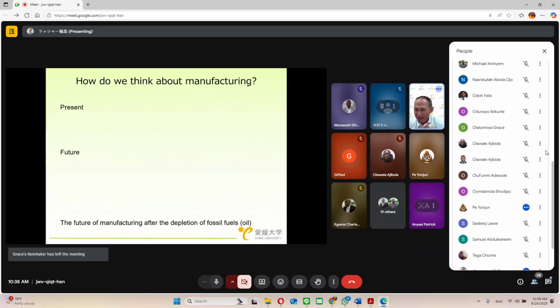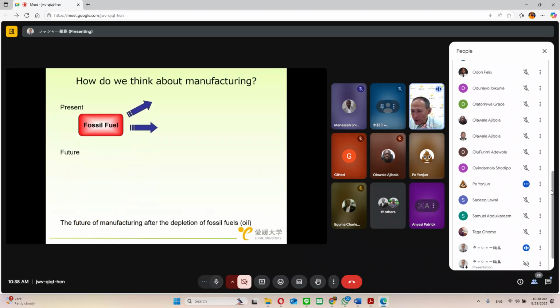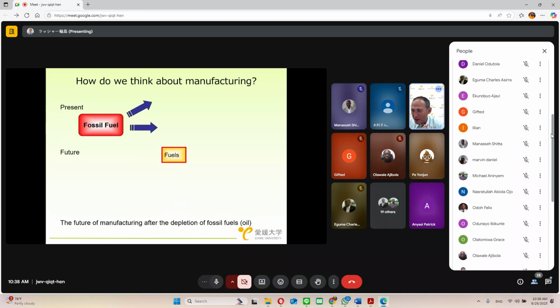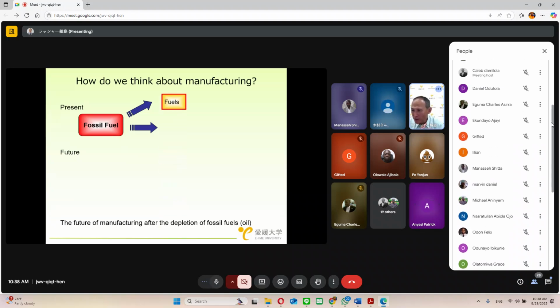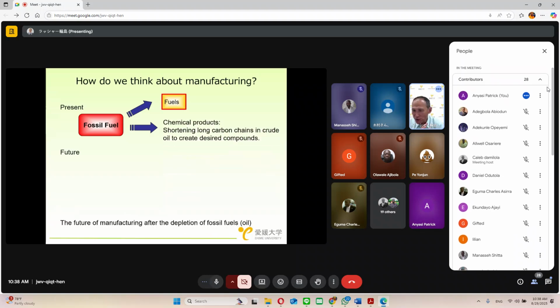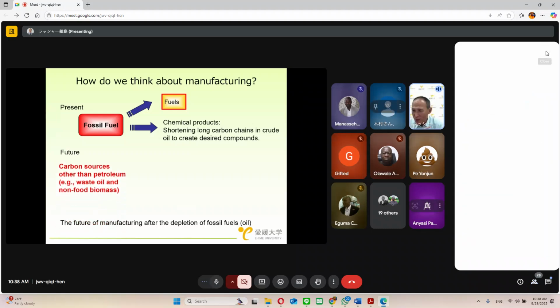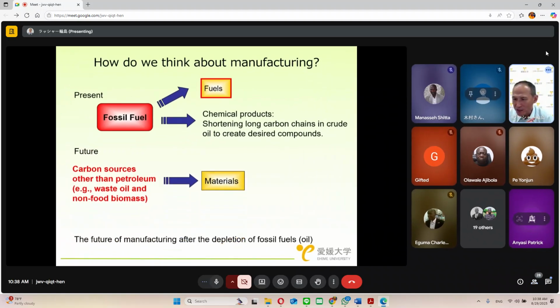So in the past, we used fossil fuel to produce the fuel and chemicals. Going forward, however, we plan to use waste and non-food biomass for this purpose.